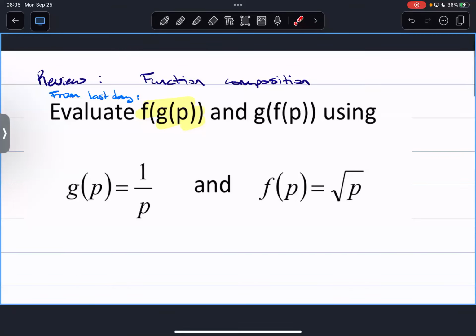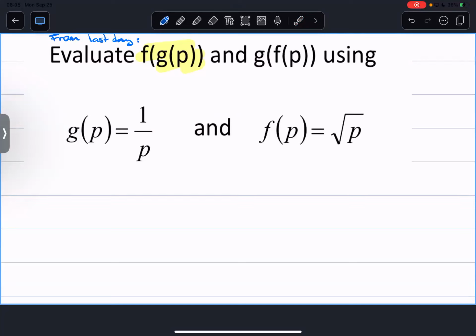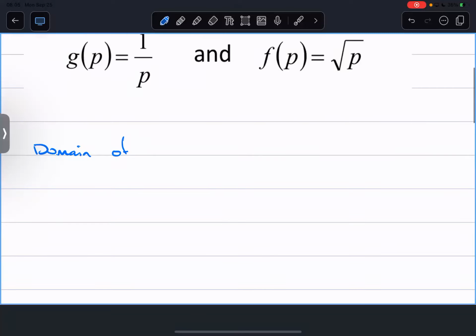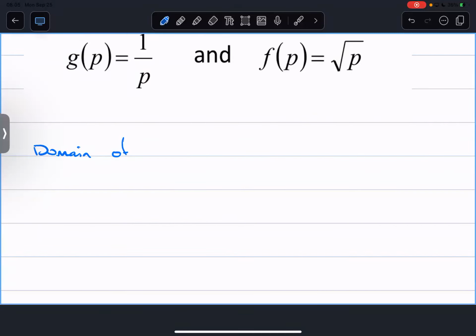This is new: the domain of composed functions, function composition. It feels weird to say, but composed functions need to account for the domain of the function that's going into the inside function, as well as the final function.